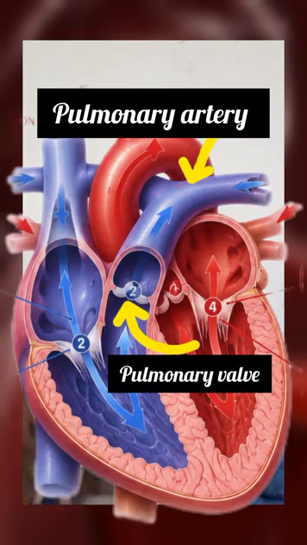There's a door that allows it, called your pulmonary valve. Pulmonary is a word that means lungs, so your lung valve. Using your IQ, where is it going? It's going to the lungs, following a path we call your pulmonary artery.